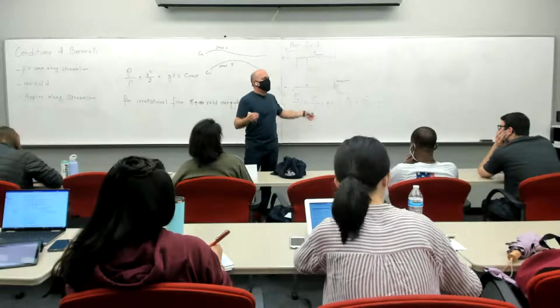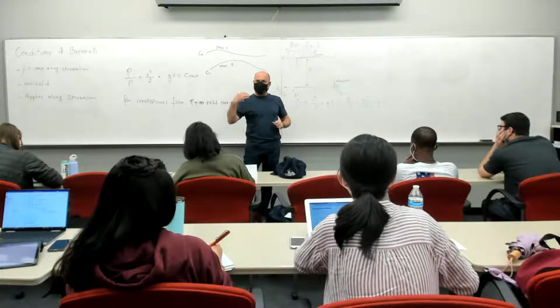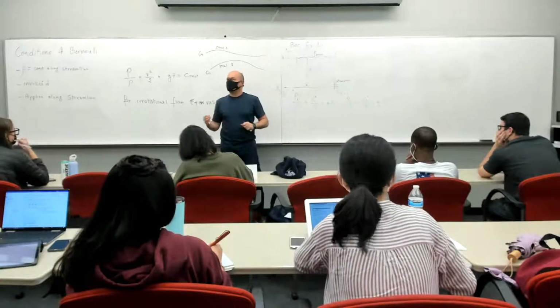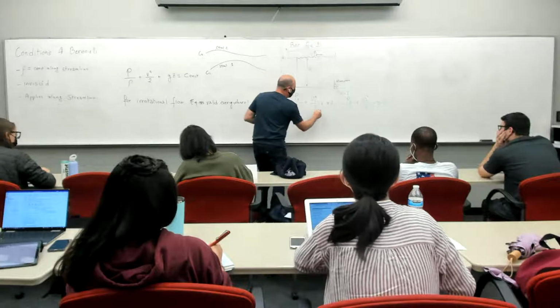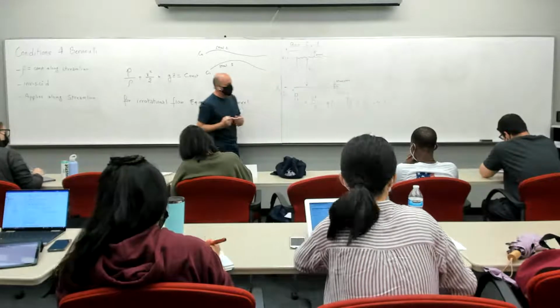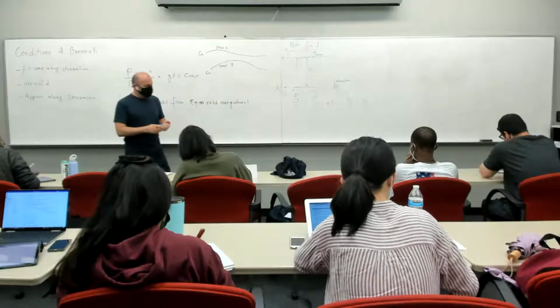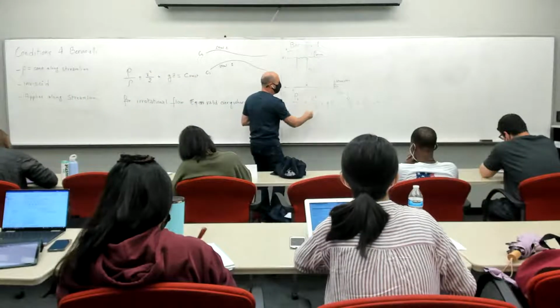Again, we're idealizing the heck out of this problem. So don't feel weird about making an assumption. So we're going to say that V1 is almost 0. So we knocked out this term.